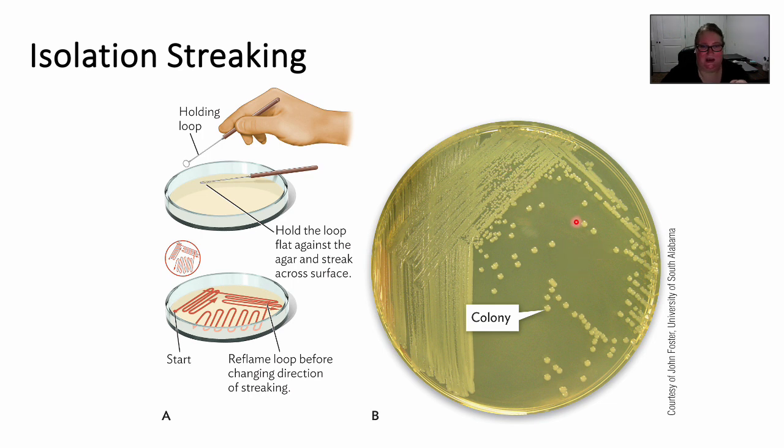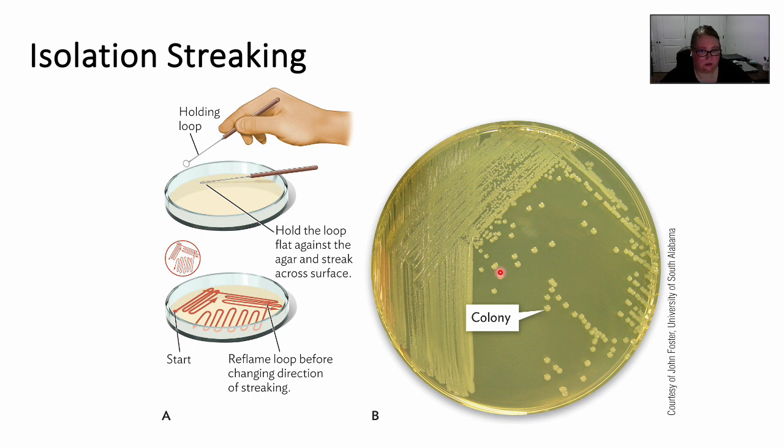So now what we're seeing is we're starting to see individual colonies. A lot of times we're going to flame our loop again and turn it one more time. Okay, and we're going to get this separation here in the center. So this is how we get individual colonies to make a pure culture from a culture that we know is a mixture.